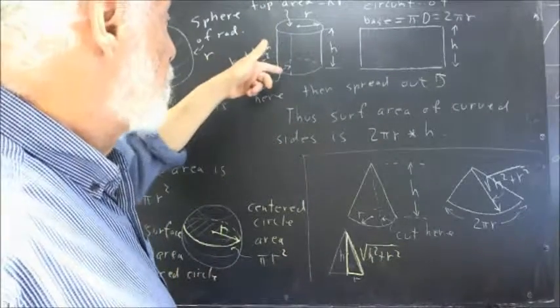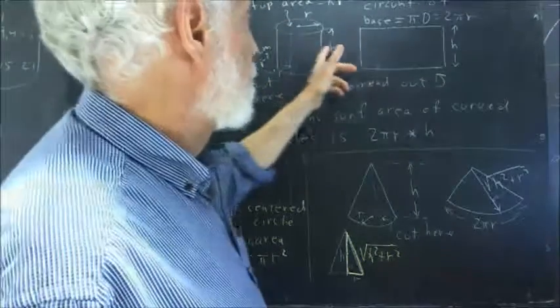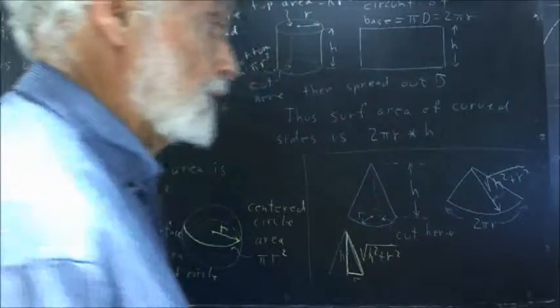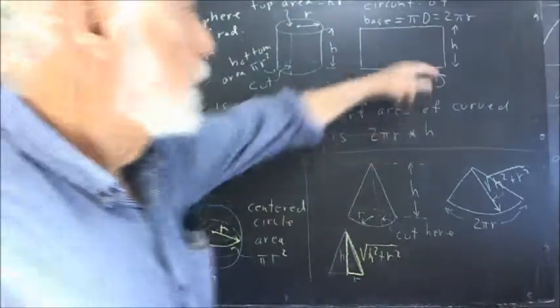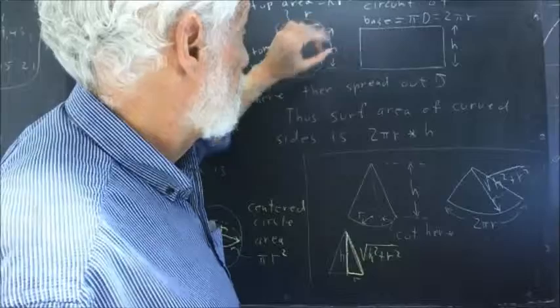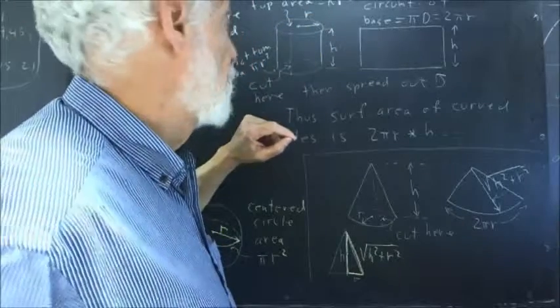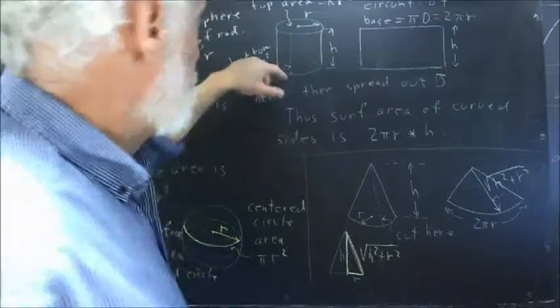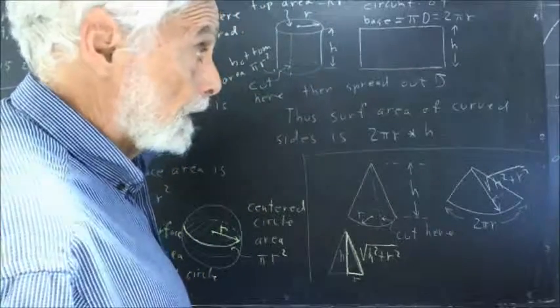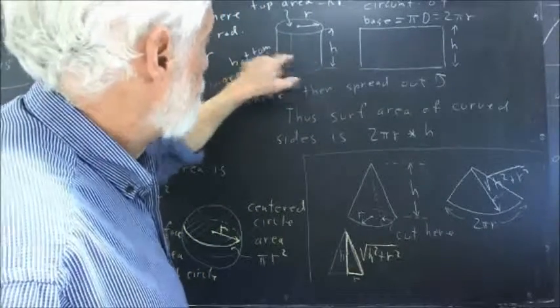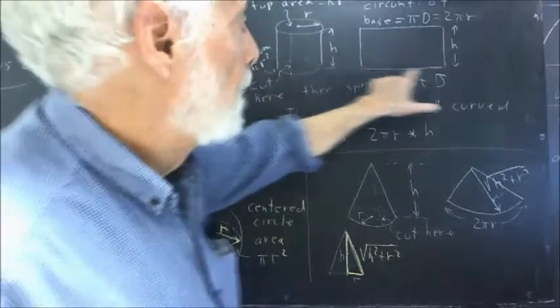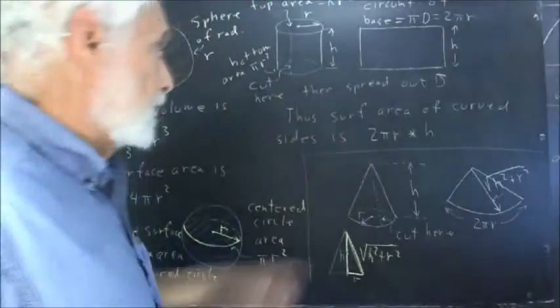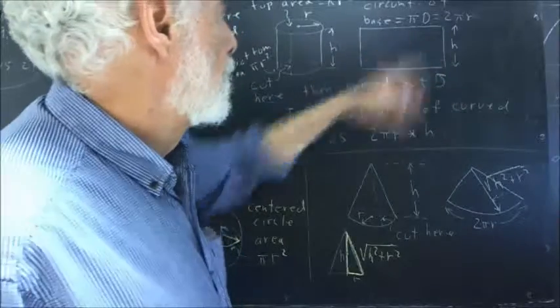So I can cut the cylinder here, unravel it, and I get a rectangle. What are the dimensions of that rectangle? Well, the width of that rectangle is equal to the height of the cylinder, the altitude of the cylinder, and the length of the rectangle is equal to the circumference of the cylinder, because it's the circle here that unwraps to form the length of this rectangle.